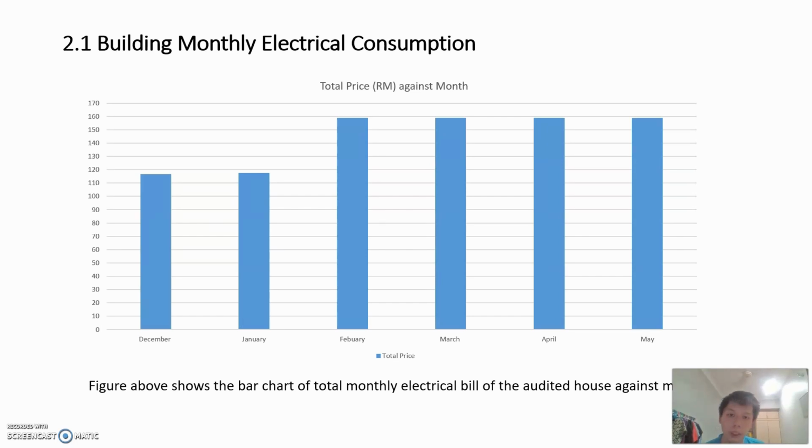The second one is total price in ringgit against month. It shows a slight increase from January to February, and after that, because the electricity usage is constant, the price also remains constant.